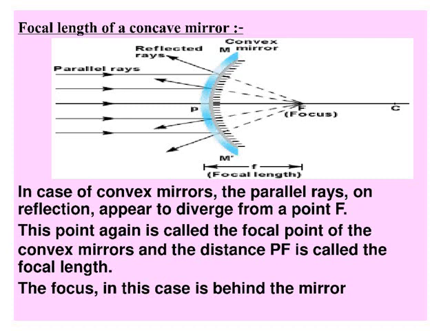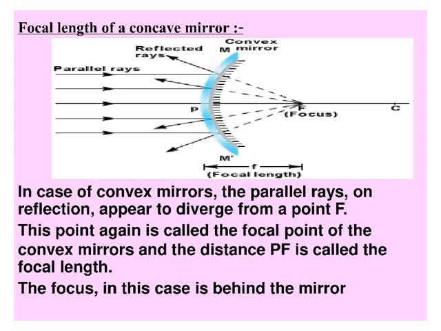Now consider the other rays other than the principal axis. How are they? They are parallel to the principal axis. So rays which are parallel to the principal axis, after reflection, move away, and if you extend those reflected rays, they try to meet at a point F on the non-reflecting surface of the mirror.